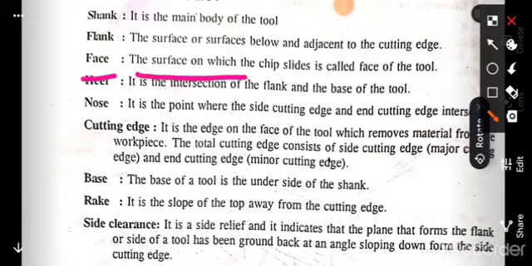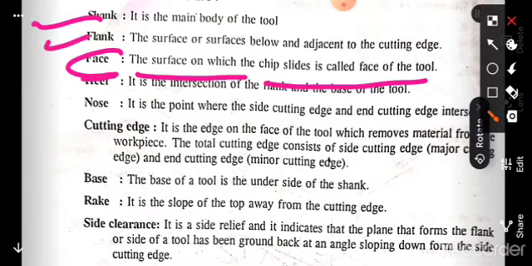The surface on which the chip slides is called the pace of the tool. Three terms you can easily remember: the shank is the main body of the tool; the plank is the surface below and adjacent to the cutting edge; the pace is the surface on which the chip slides, meaning chips will flow over it.